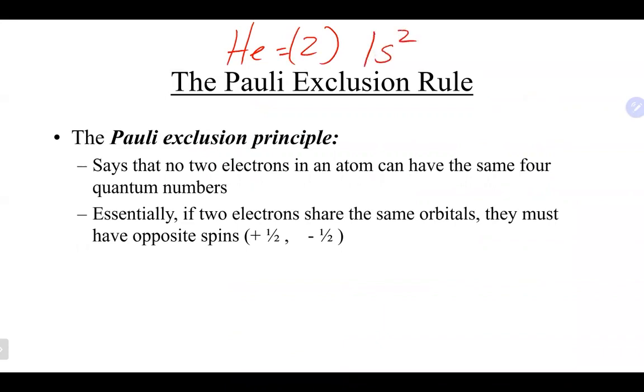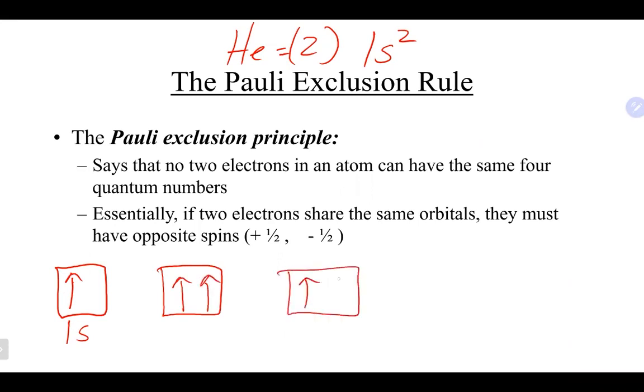So we're going to fill up that s orbital. We already with hydrogen took our 1s orbital and we put our electron upwards. Now, as I mentioned, we could take our next electron and go up and up, or we could go up and put the next one down.